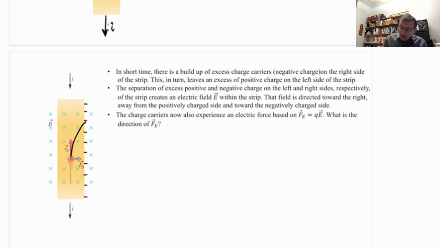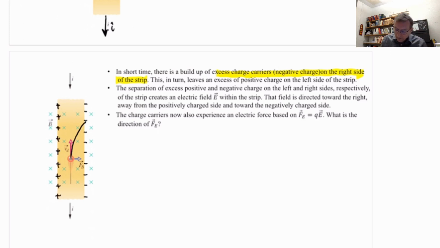So we've got a buildup of excess negative charge on the right side of the strip. Then what we have on the left side of the strip, directly across, is what's called a dearth of electrons. We're lacking electrons. And that means we have left behind on the left side of the strip an excess of positive charge.